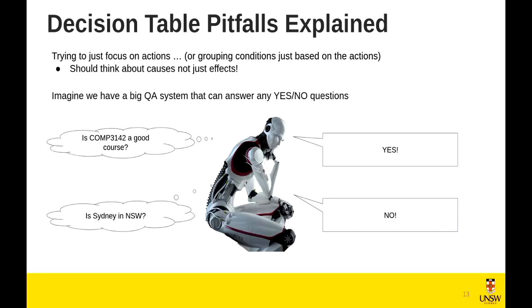So what's the thinking process here? Although this system could accept any type of question, let's consider how the system works. The first question is more like a reasoning question, so it requires the system to do some reasoning.